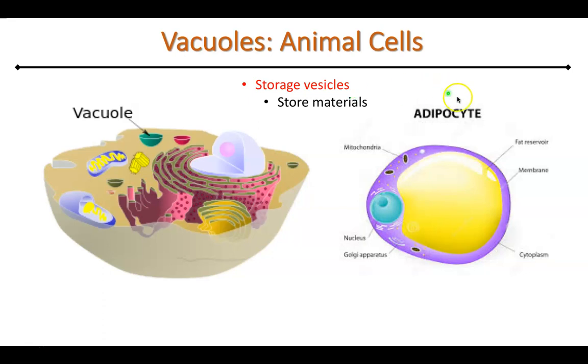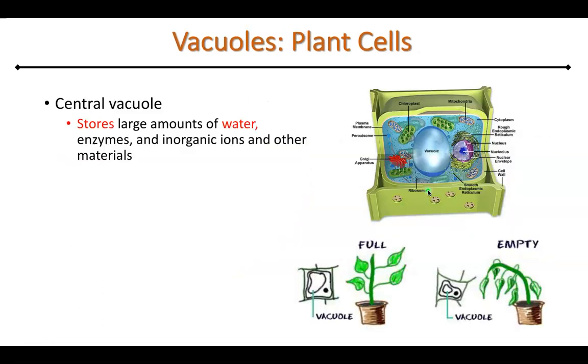A great example is an adipocyte, which is useful for storing fat. When you lose weight, you don't lose fat cells. You just lose the amount of fat held within the vacuole, so the vacuole is getting smaller, or bigger. That's basically how it works.